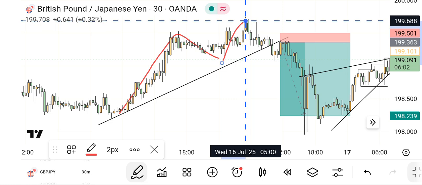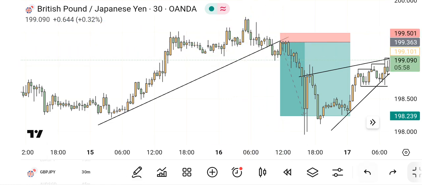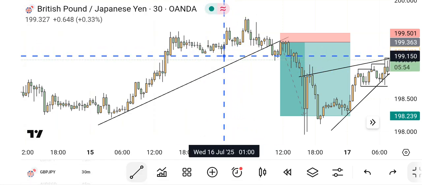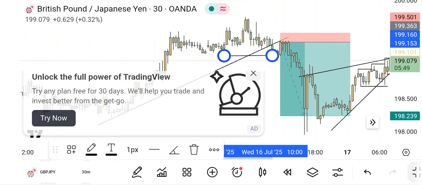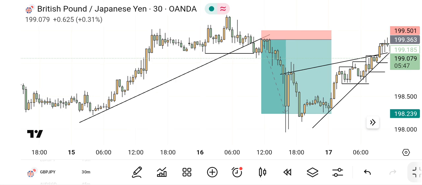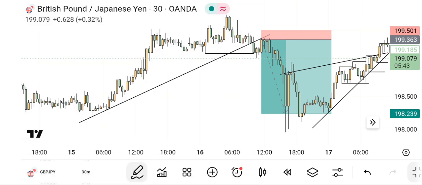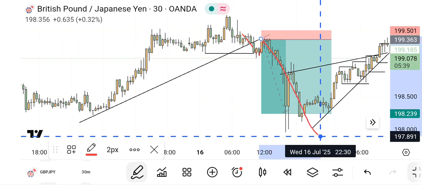Then price broke out here, which the price broke this last low here. This last low, the price broke it, broke the last low, and the price retested back. Price came in, retested back to the trend line, started dropping.